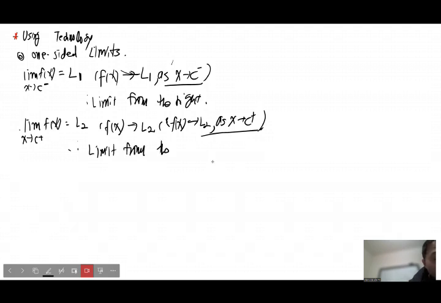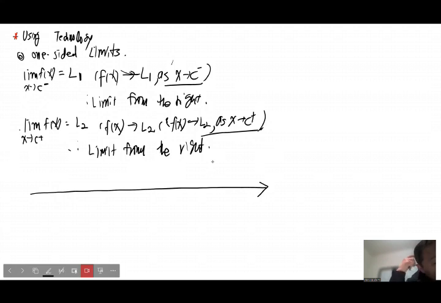from the right. So we can actually visualize this idea. You have f(x) defined on the x-axis, and c is the target value x approaches.